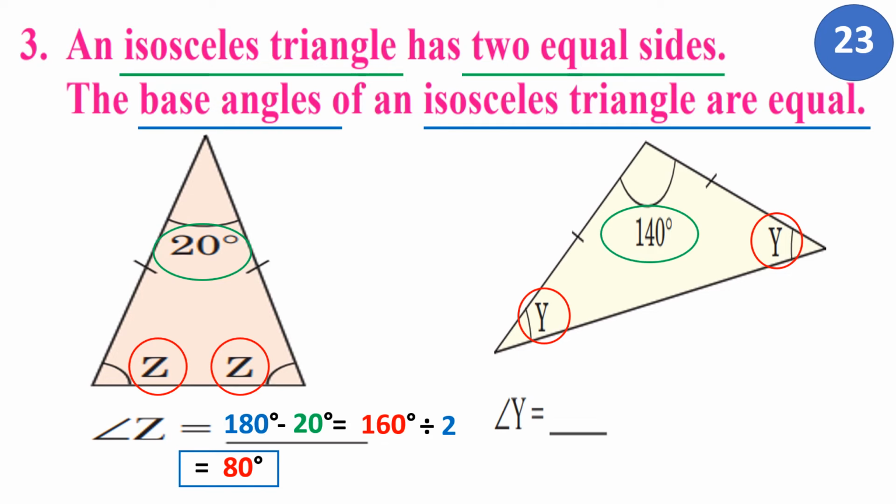Then you subtract: 180 minus 140 equals 40. 40 here is for two angles, two y's here. I divide this by 2 for each one, then you get 20. Angle y, the other side is 20 and the other side is 20. Correct, students?